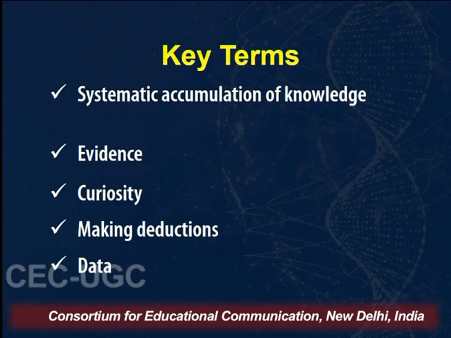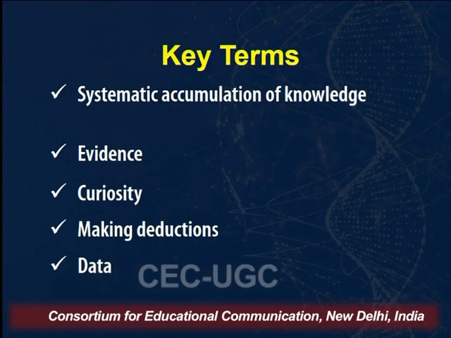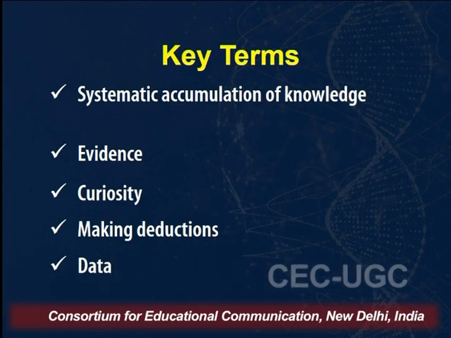Curiosity, as I said, again he said, we are all born scientists and we are curious about the world around us. So anything that we are curious to know about can probably be called science. Then, making deductions based on the data. Again, this tells us that we are basically analyzing something.